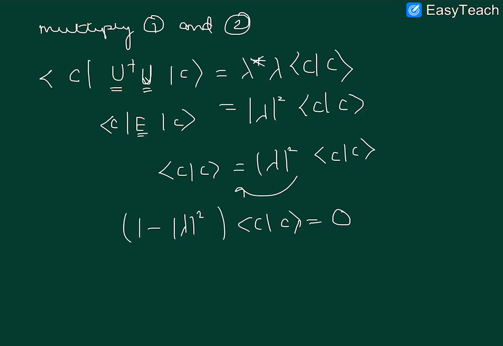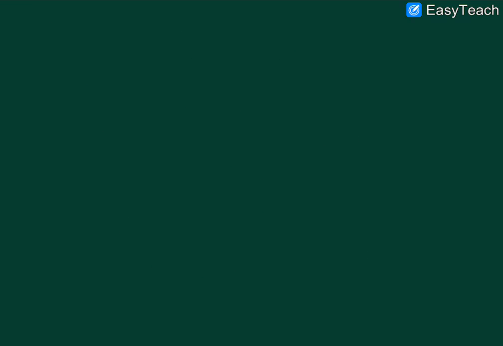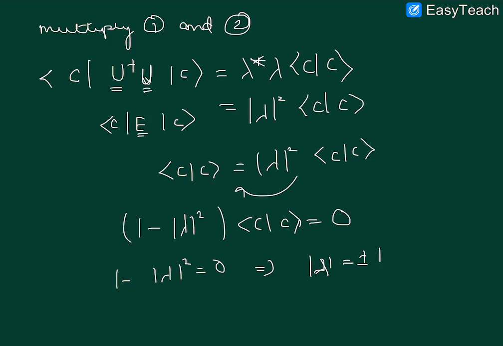Since my column vector is not 0, that is C is not 0, it's obvious that 1 minus lambda square will be 0, which implies the magnitude of my lambda should be plus minus 1. So my lambda can be anything complex, but in magnitude it's going to be 1. In other words, extending this problem, I can write my lambda as e to the power i phi.